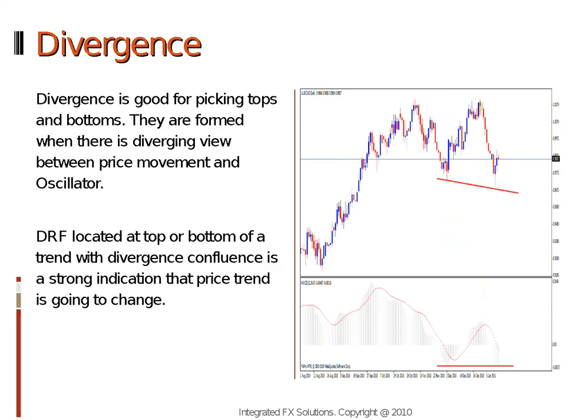The last thing we'll talk about today is divergence, and divergence is the difference between what's happening on the price chart and what's happening on an indicator, and specifically an oscillator. By oscillator I mean things such as the MACD, stochastics, RSI, they're all in the oscillator subset of indicators.